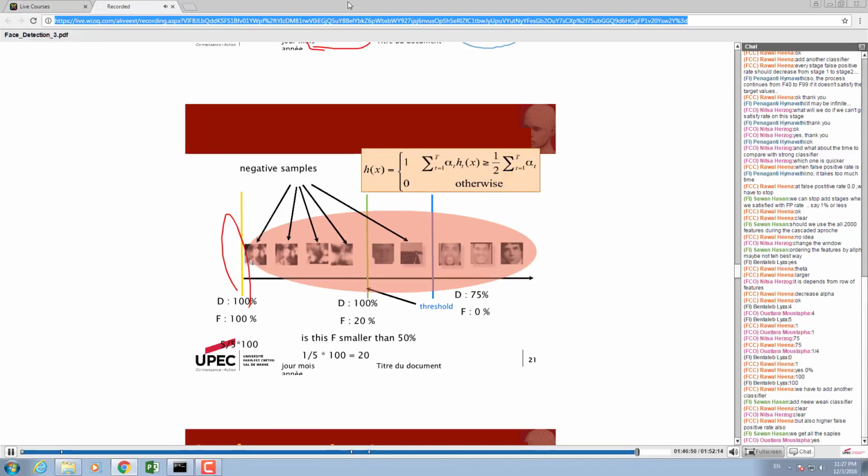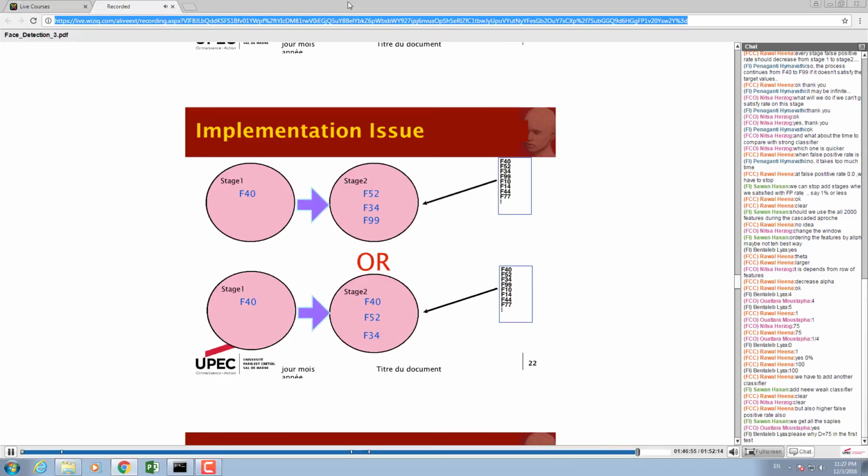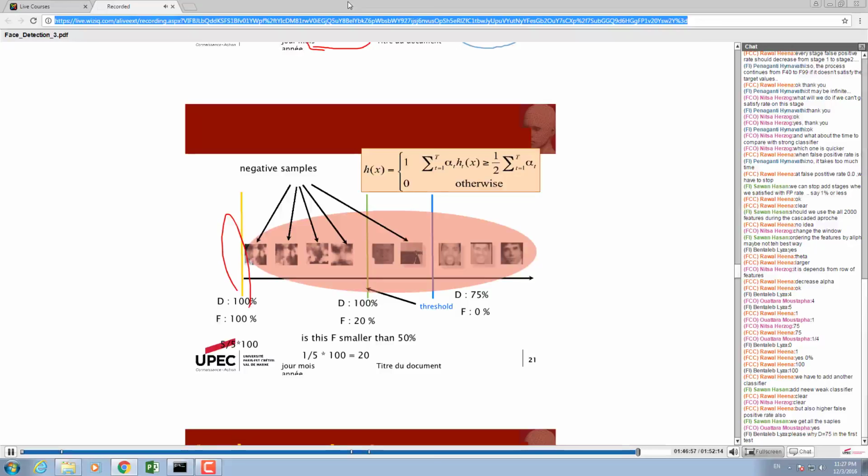So, based on this practical concept, what we are doing is satisfying these two numbers using two steps, and we can add more features if it doesn't satisfy.